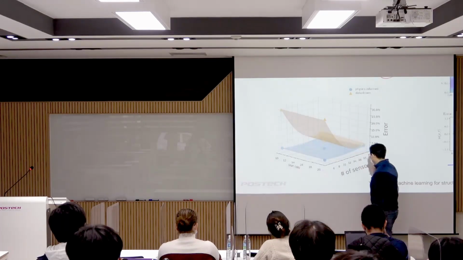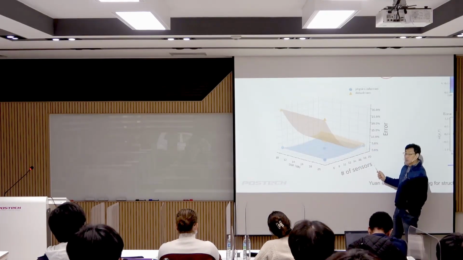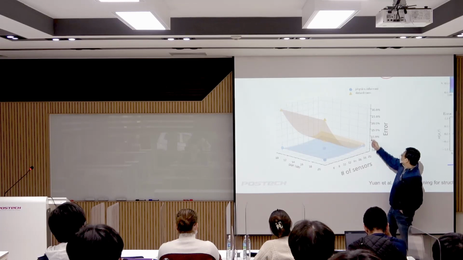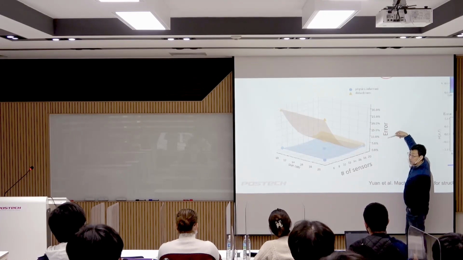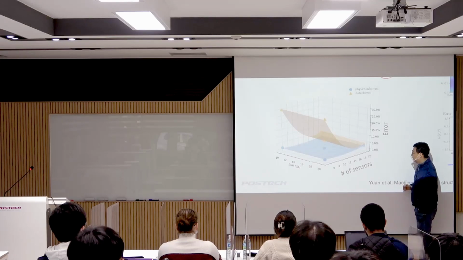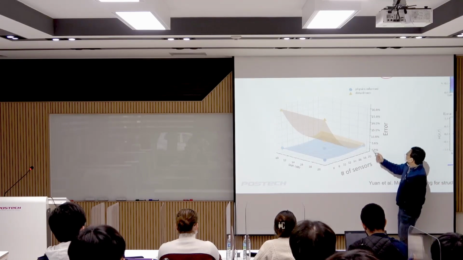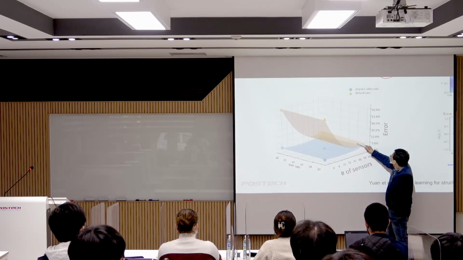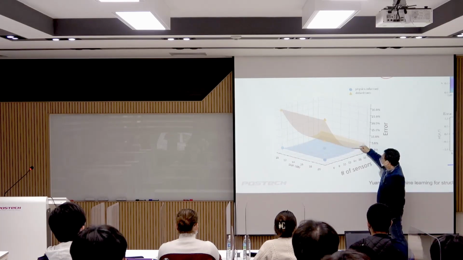This axis is the number of sensors, and the z-axis is the performance or error. The orange is the data-driven approach.